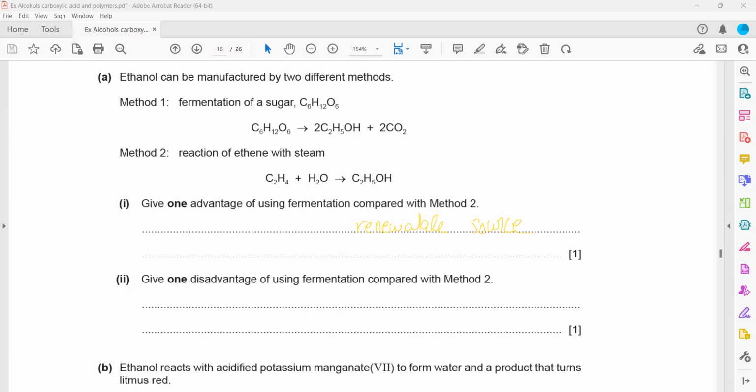It is a slower process, uses less heat, and we need to do batches for fermentation, but the hydration one is continuous. Less ethanol, or the better term, a smaller yield. Yield refers to the percentage of a product. You can mention smaller yield or slow process.